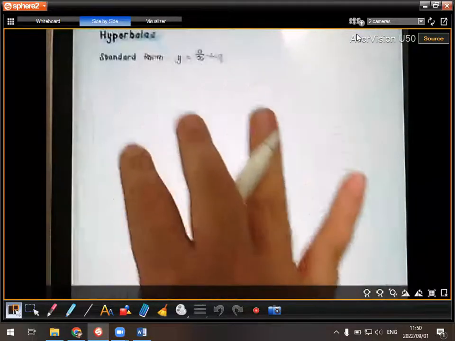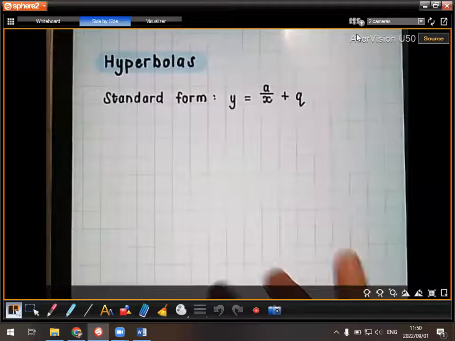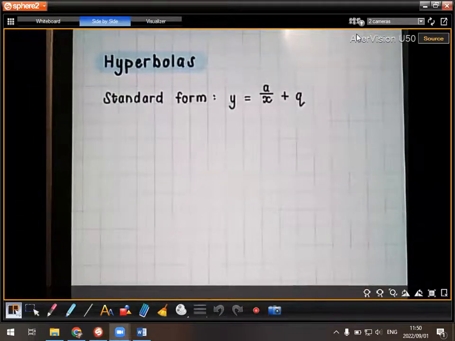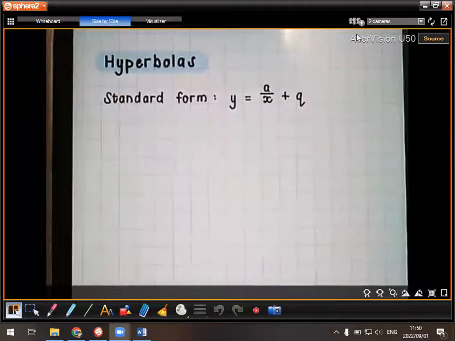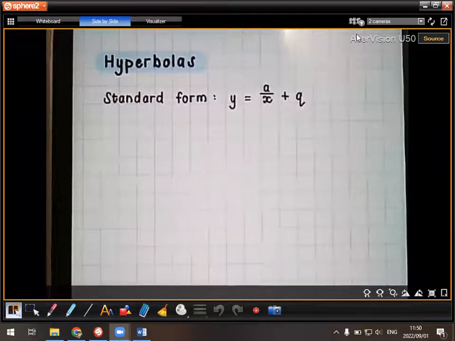Okay, guys, next up, hyperbolas. This one doesn't have another name as far as I'm aware.